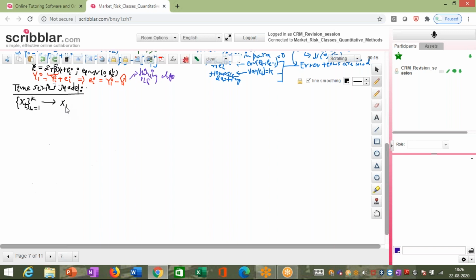So xt is delta 0, which is obviously my intercept term, plus delta 1 xt minus 1, the second is delta 2 xt minus 2, and like this till delta k xt minus k.